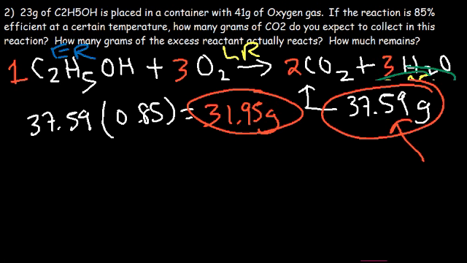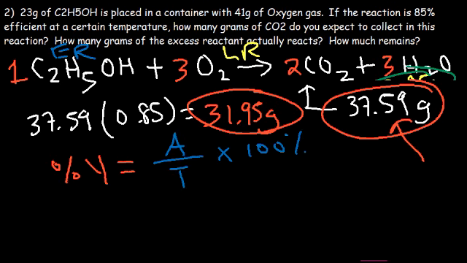Now, I know some of you out there prefer to use an equation to get the actual yield. So let's start with this equation. Percent yield is equal to the actual yield divided by the theoretical yield times 100%. If we divide both sides by 100%, we're going to get the percent yield in decimal form.